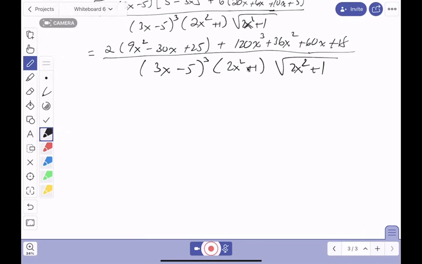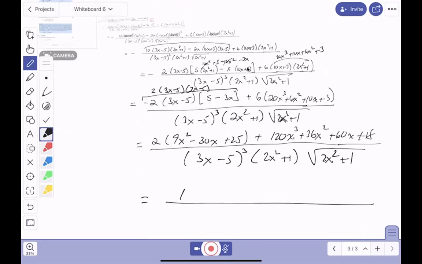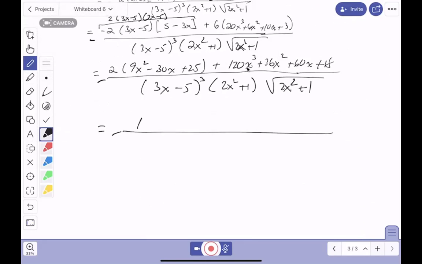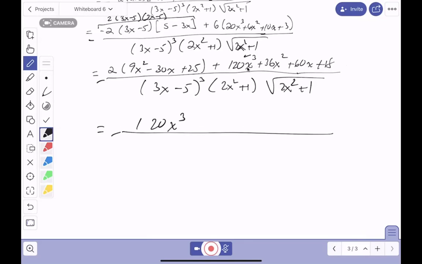Oh boy, I don't know if I can keep going on. 120. You know what? I forgot the minus sign. It's way up here. Minus, minus, minus. Sorry about that. So what do you get over here? 120x cubed. Let's see. 18x squared and 36.